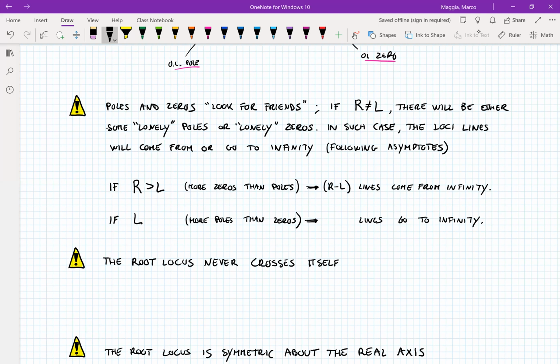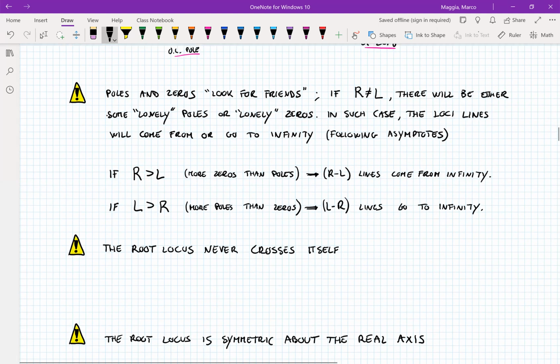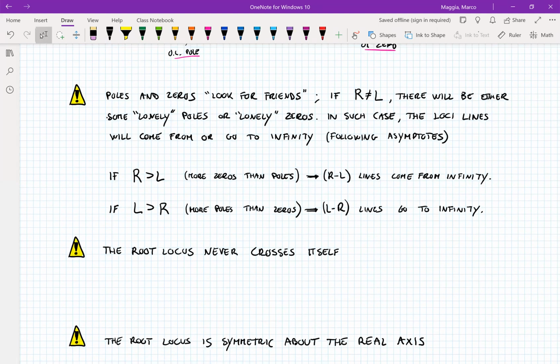Vice versa, if we have more open loop poles than open loop zeros, then we're going to have L minus R lines that go to infinity looking for friends. It's going to be clear when we apply these concepts.